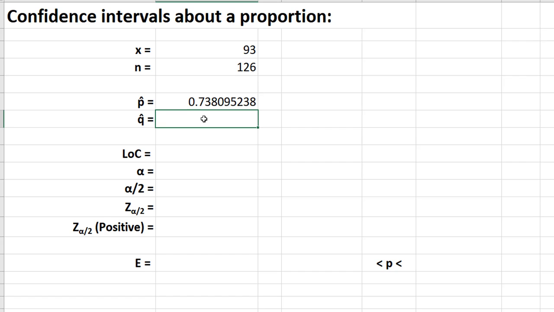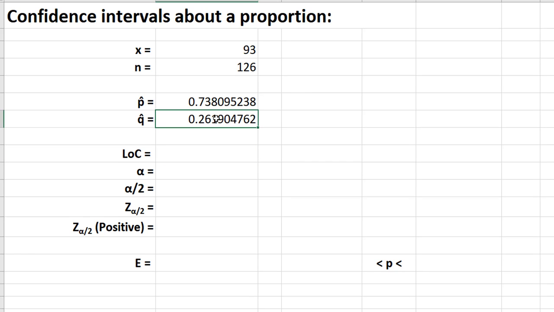How do I get q hat now that I have p hat? Remember, q is always 1 minus p. So I would type in equals 1 minus my p hat value. And that's where I got the 0.2619 number from.